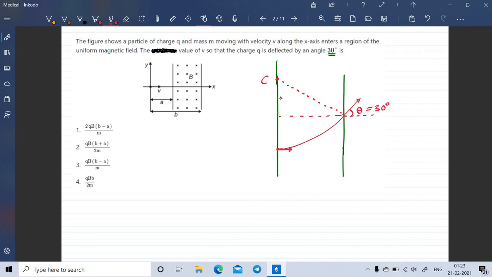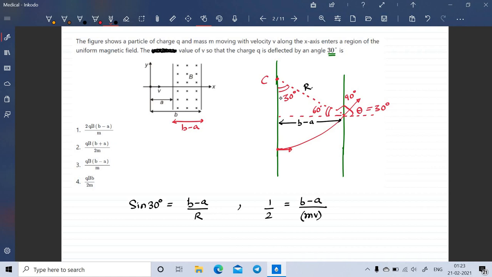If this is 30 degrees, this I know is 90. So this will be 60. This again is 30. If you find out this width, this is B minus A. So this length is B minus A. This is R. So sine 30 degrees is B minus A by R. So half is equal to B minus A. R is mv by Bq.